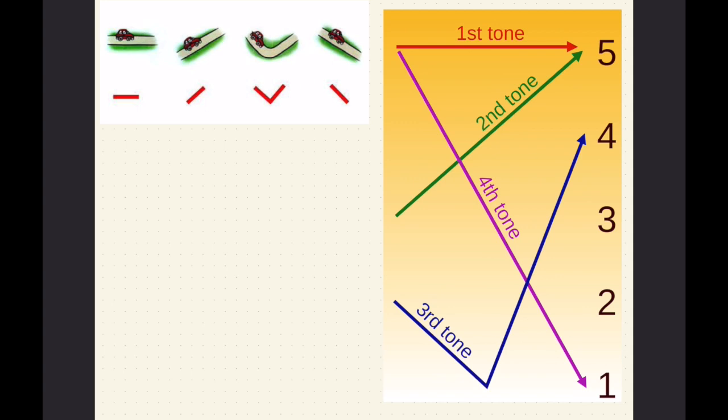The first tone, if we were to use the vowel a as an example, we would start with so, ending with so, as if you are driving a car on flat ground. We would have ah, ah, ah.